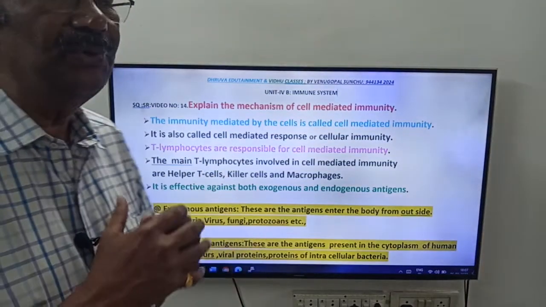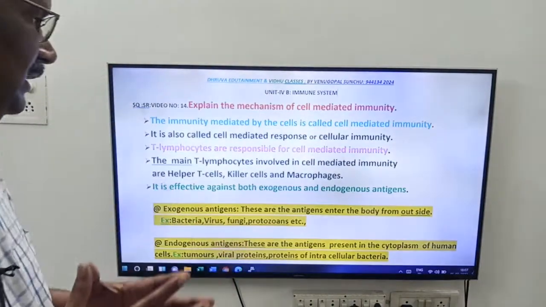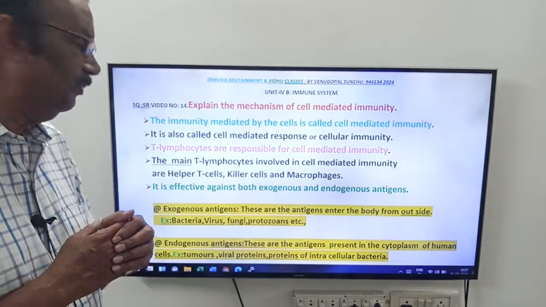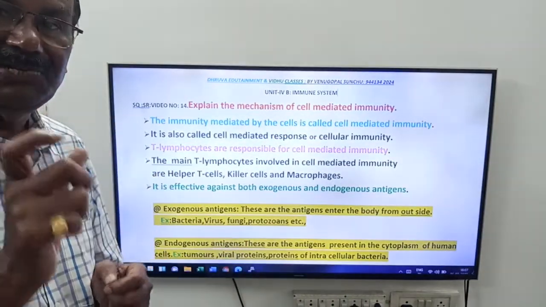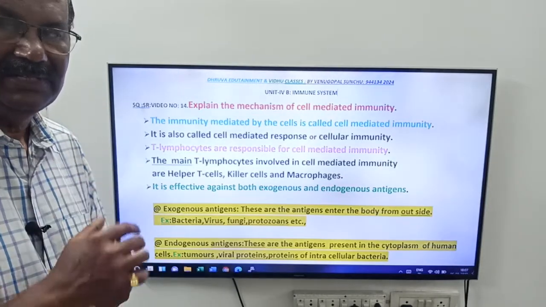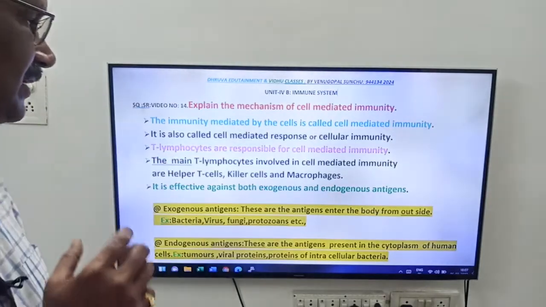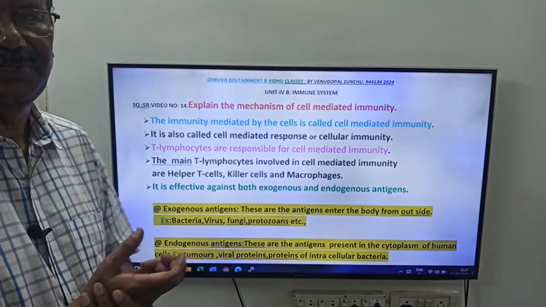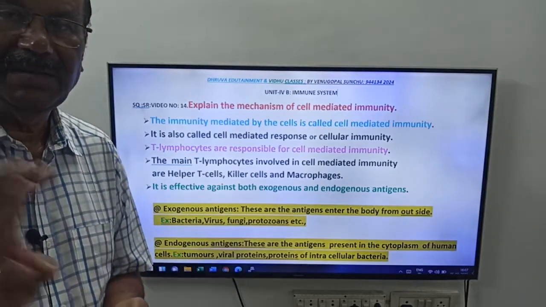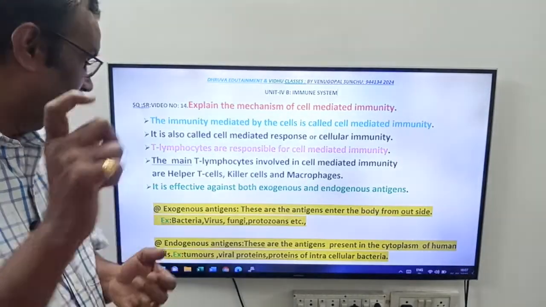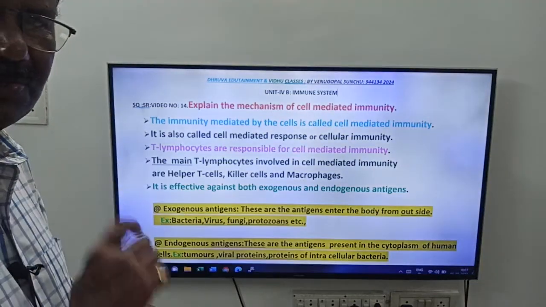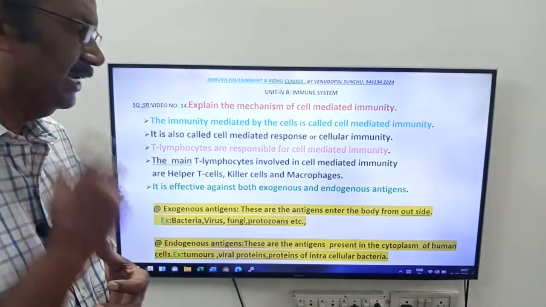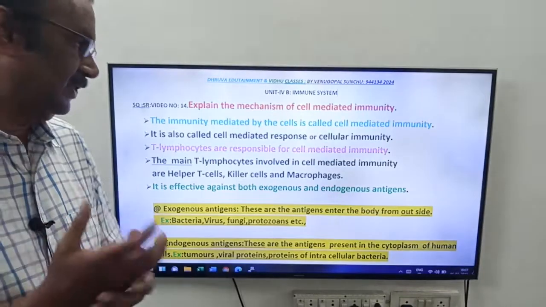The main ones are helper T cells, killer cells and macrophages. Once again, friends, these are types of T cells: helper T cells, killer cells and macrophages.